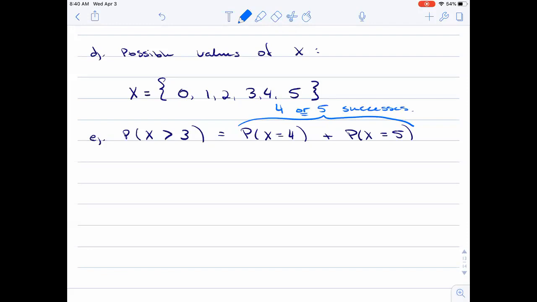Because remember, the formula can only handle the probability of exactly 1, exactly 2, exactly 3, exactly 4, exactly 5, right? So if I'm asking for more than 3, not including 3, we have to figure out those individual probabilities, calculate those, and then add those up.